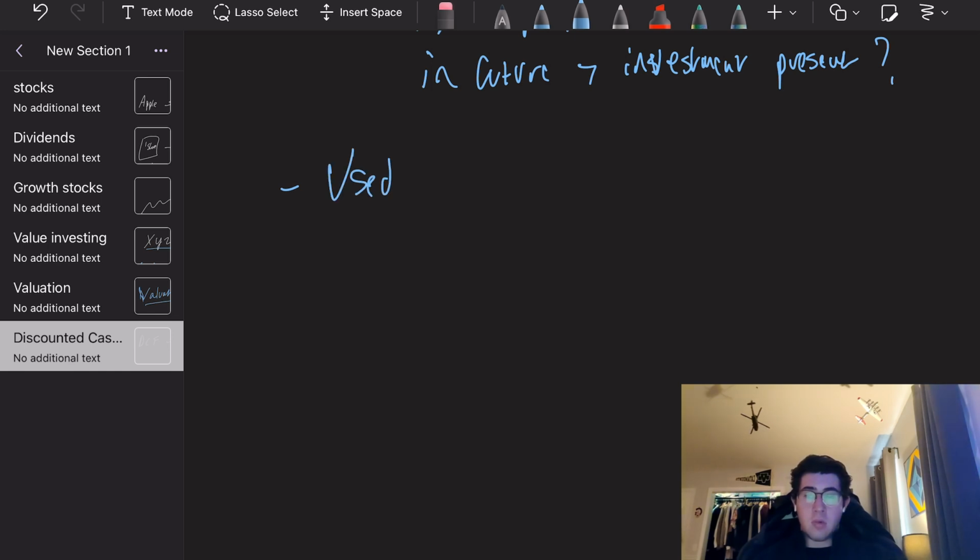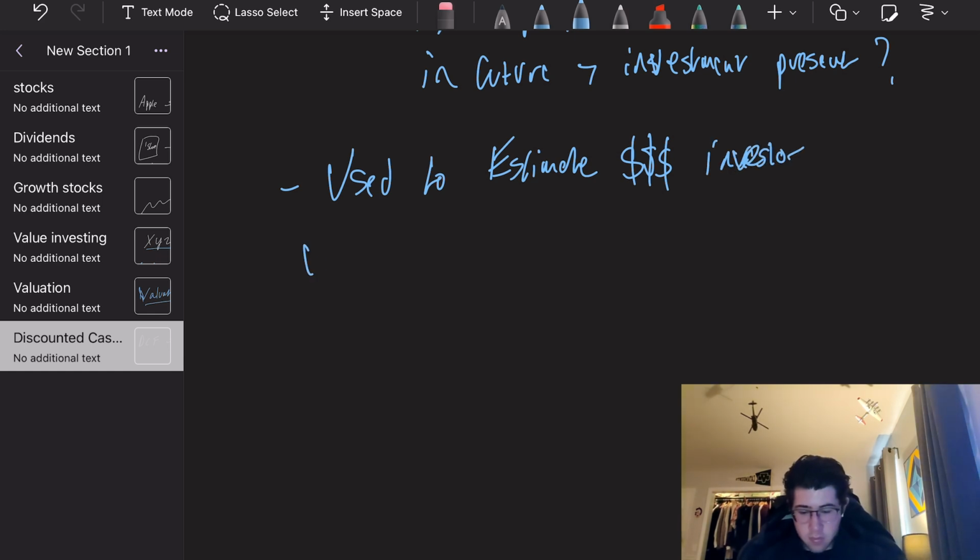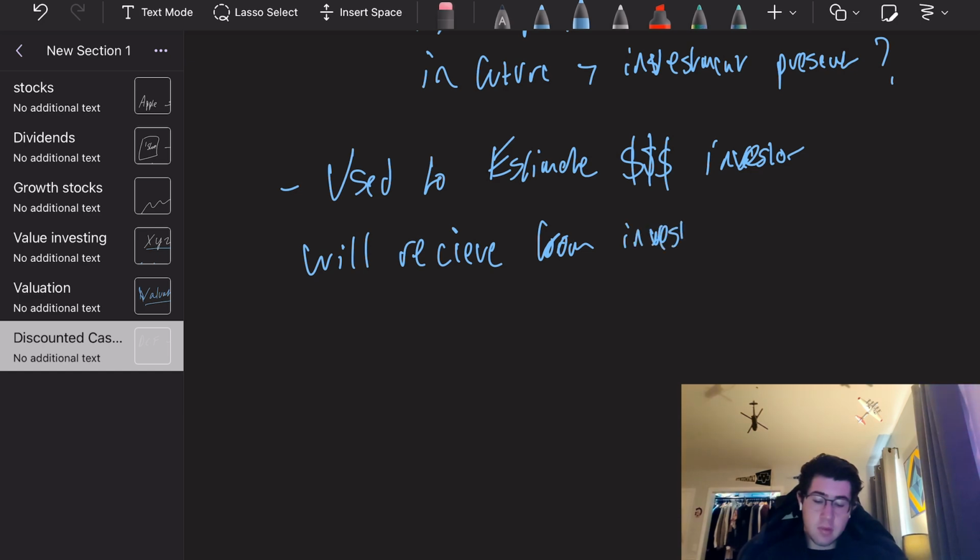Now, what it's used for is it's used to estimate the money the investor will receive from the investments.